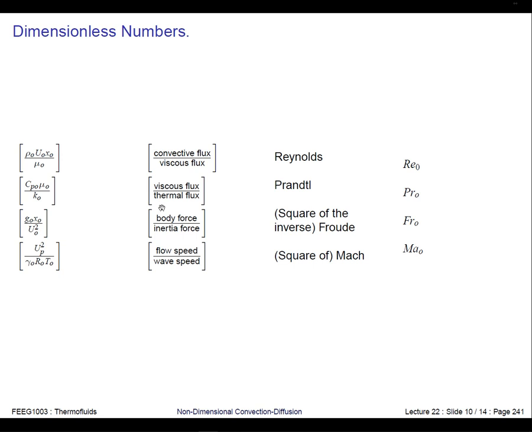And that's what our Peclet number gives us. And we've come across the Froude number before. This is body forces over inertial forces. We haven't come across the Mach number, but this defines effectively when we have supersonic flow, when the flow speed is faster than the speed of sound, or the wave speed.